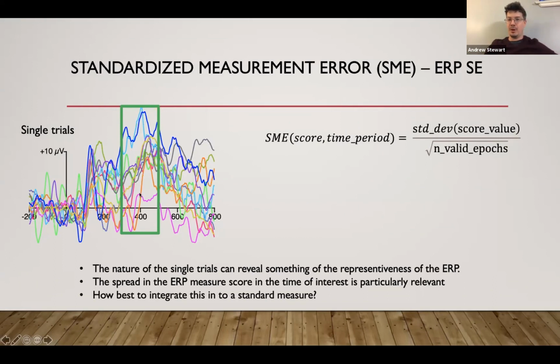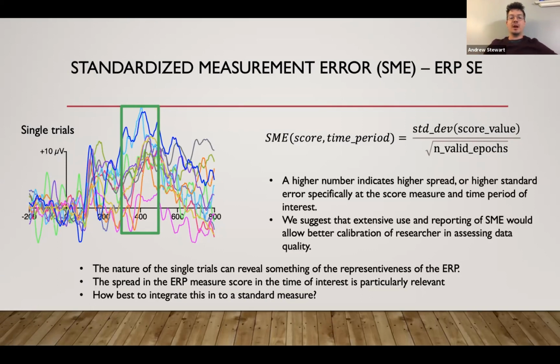So if there's an epoch that's getting rejected, this is not included in this. If there's another epoch that you can have in here that's typical of the same, then the SME is not going to be changing too much. And we suggest that if we had extensive use of this and people were also reporting this, this would help researchers be better calibrated at assessing the data quality.